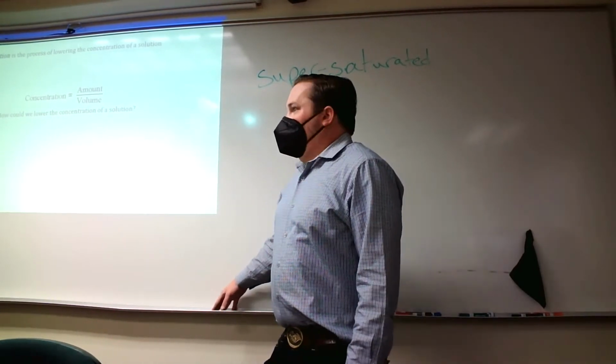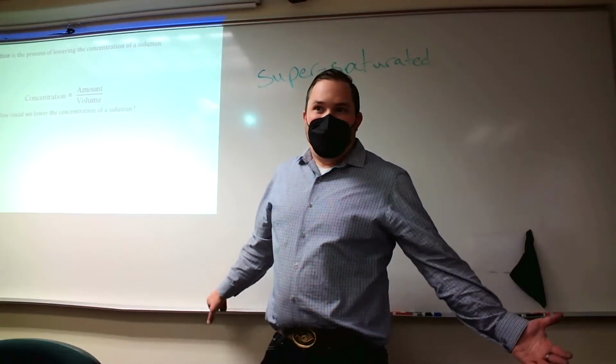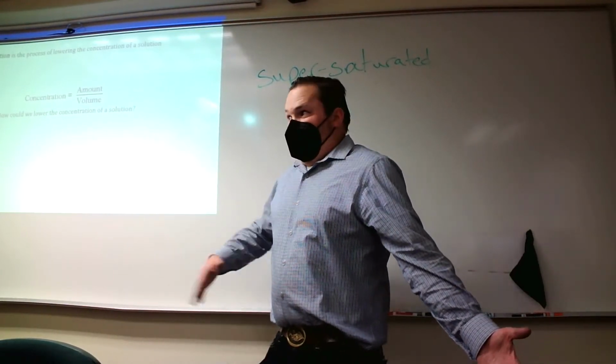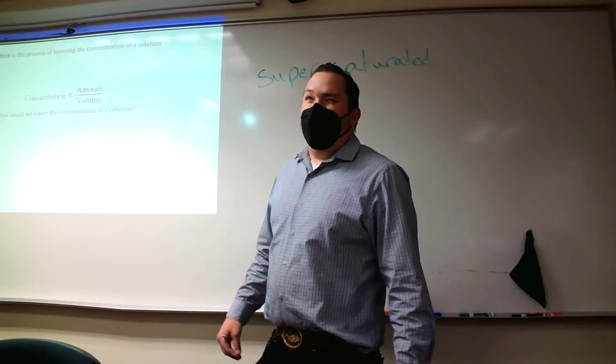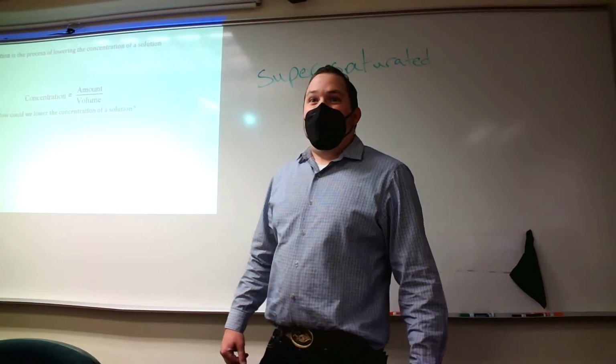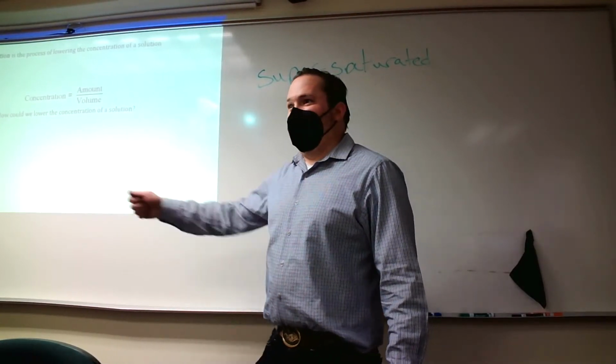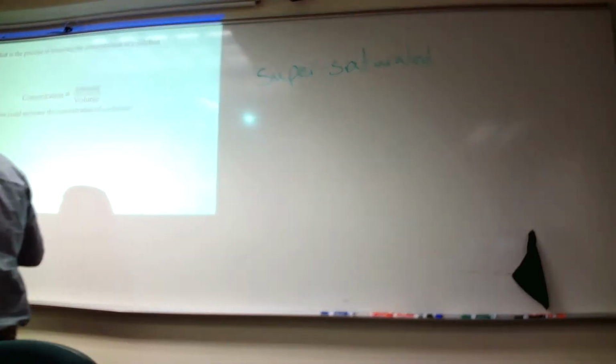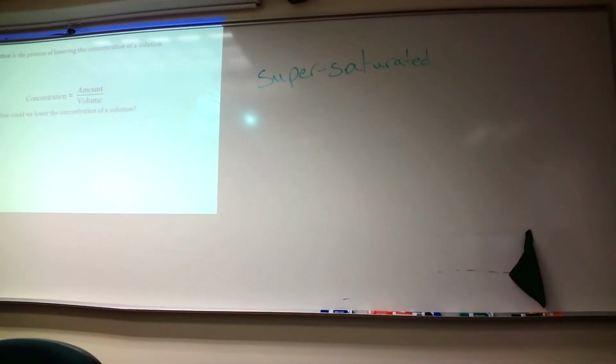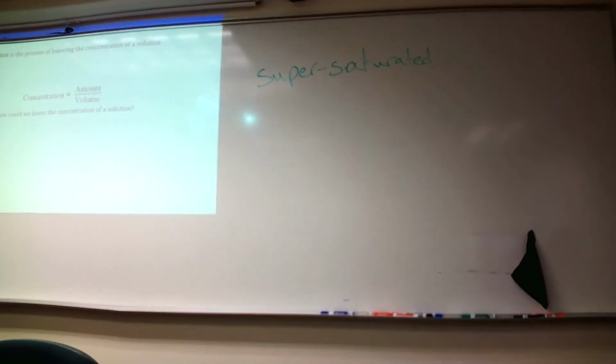So it's just a specific word. If we want to make something more concentrated, we call it concentrating it, which when you say it out loud sounds really dumb, right? I'm going to concentrate this. But that's actually the real term for making something more concentrated: concentrate as a verb. You concentrate it.